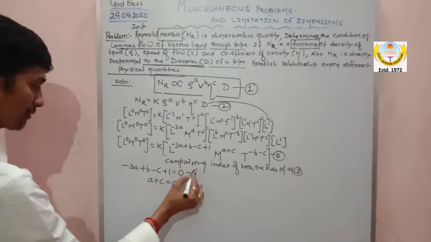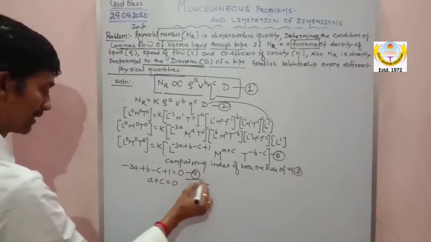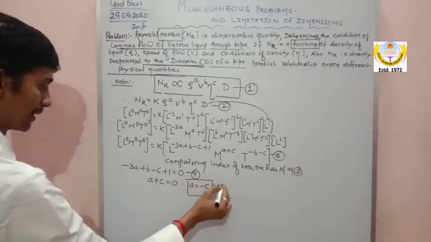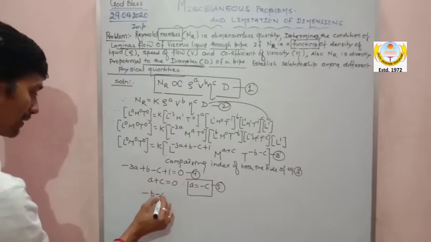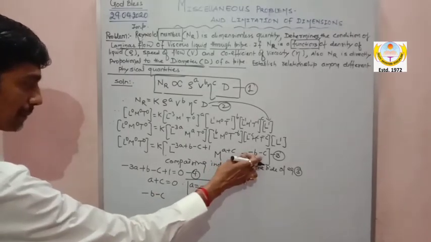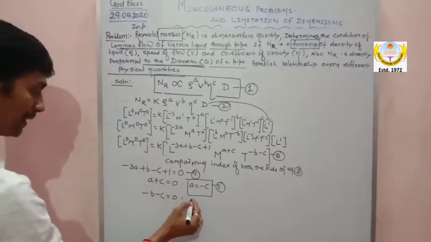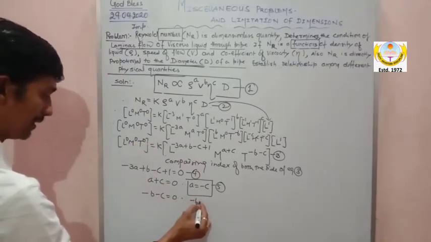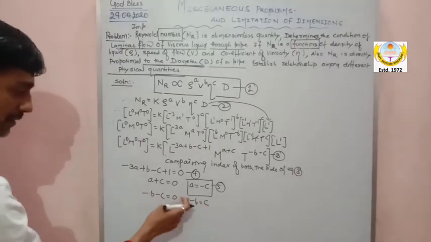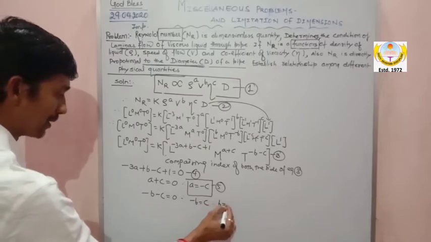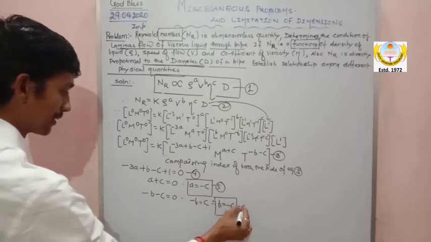This I will put as 4, and therefore, my dear, this will give me A is equal to minus C. This I will put as 5, and the last one is minus B minus C on T, and here T power is 0, so it is equal to 0. Therefore, my dear, here I will get minus B is equal to C. You can see minus C will go to this side, therefore B is equal to minus C. This is my equation number 6.